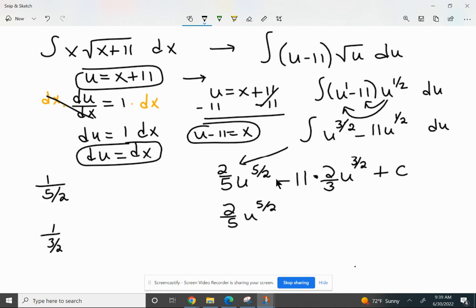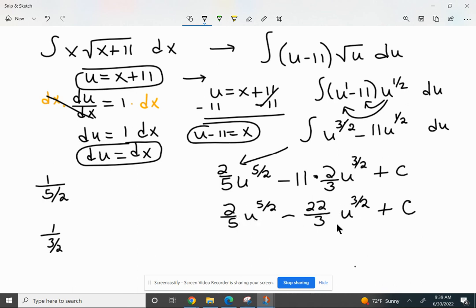Negative 11 over 1 times 2 over 3, multiply the tops: negative 22 on top, 3 on the bottom. So that'd be negative 22/3 u to the 3 halves. We're almost done. This is a simplified integral, or at least one way to simplify it.